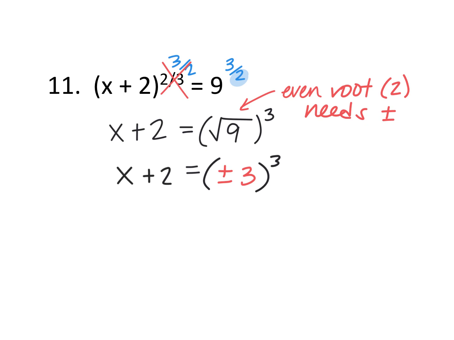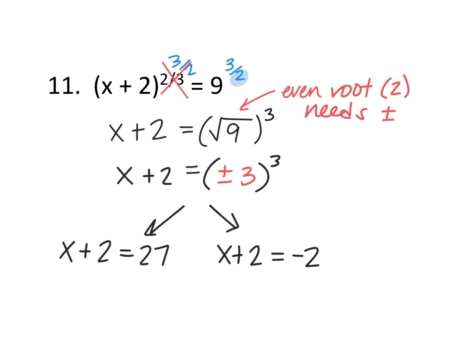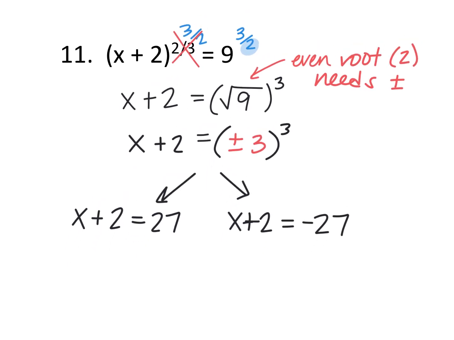Which gets you 2 answers then. 3 to the third is positive 27, and negative 3 to the third is negative 27. So it makes a difference when it's odd. So x is 25, or negative 29.